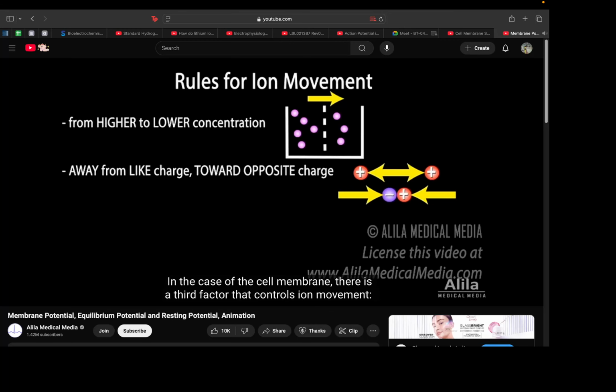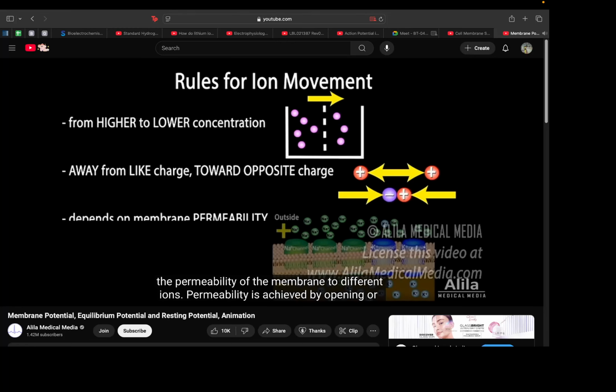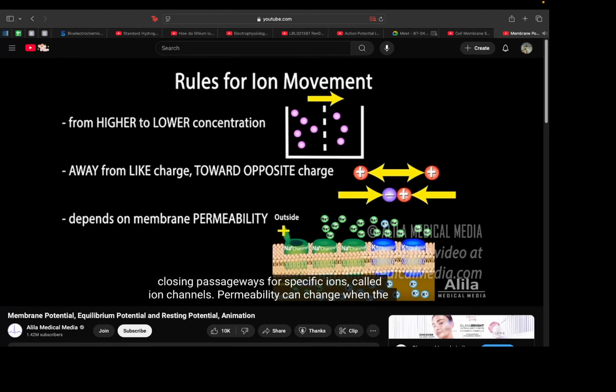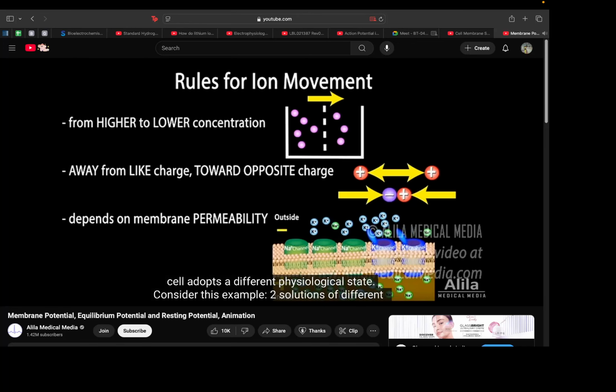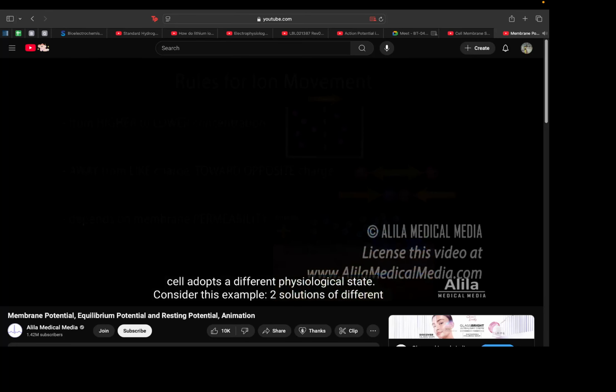In the case of the cell membrane, there is a third factor that controls ion movement: the permeability of the membrane to different ions. Permeability is achieved by opening or closing passageways for specific ions, called ion channels. Permeability can change when the cell adopts a different physiological state. Consider this example.